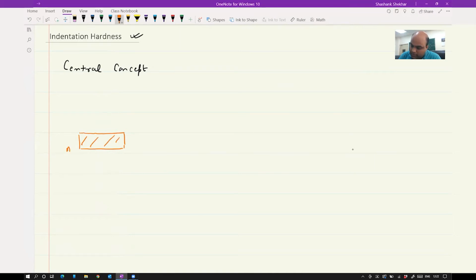This is A and the second one is B. Two materials, and say my indenter is of ball type and we are indenting both of them. I am applying a constant load P on both of them. So this is your ball indenter here.